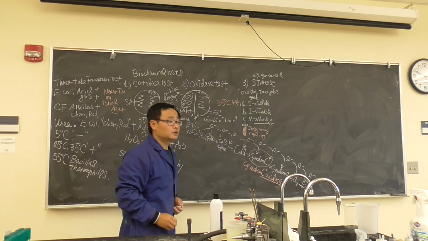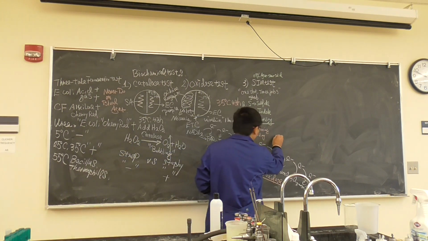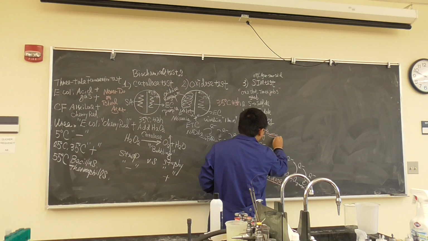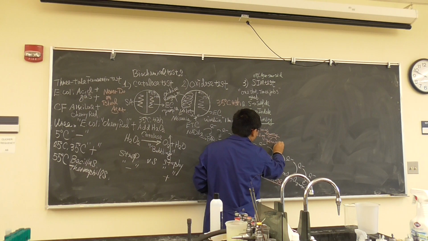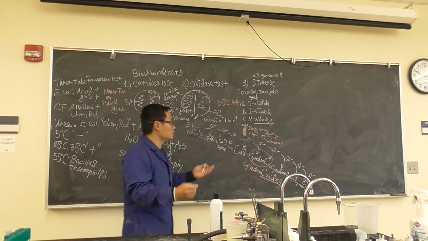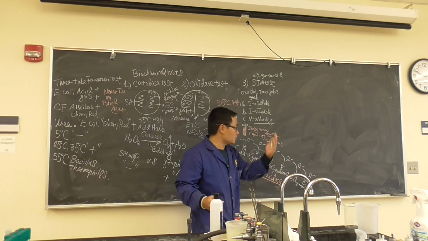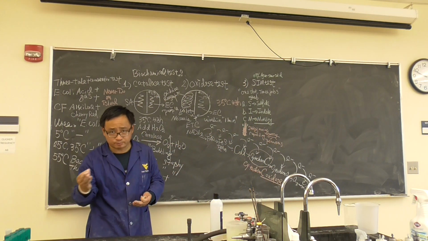Why? Because of the flagella, possibly peritrichous, covering the whole surface. Okay, if you see the bacteria only stay right in the middle, it is motility negative.